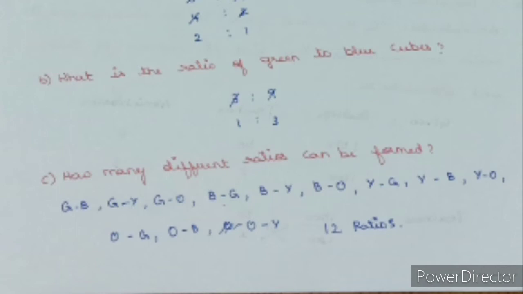Blue and orange. Next, yellow and green. Yellow and blue. Yellow and orange. And finally, orange and green, orange and blue, and orange and yellow. So, totally 12 ratios, 12 combinations can be formed. Understand? We'll go to the next question.